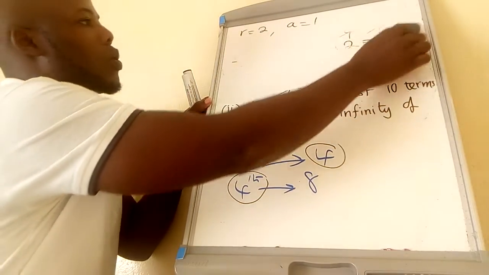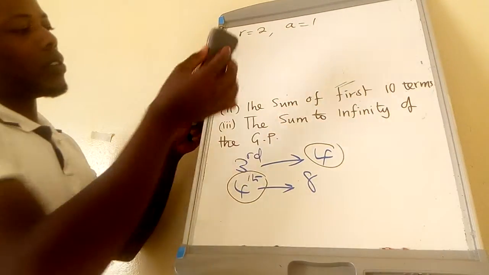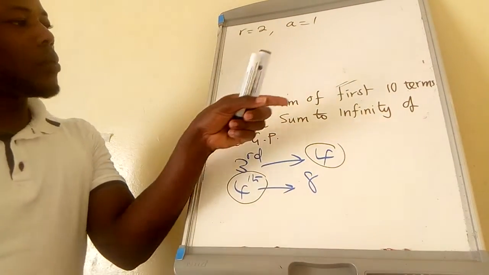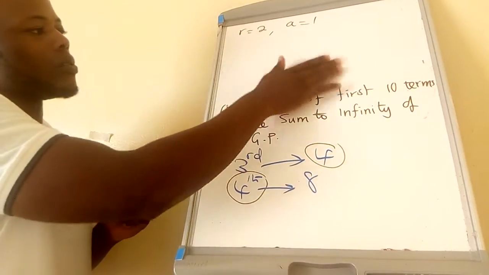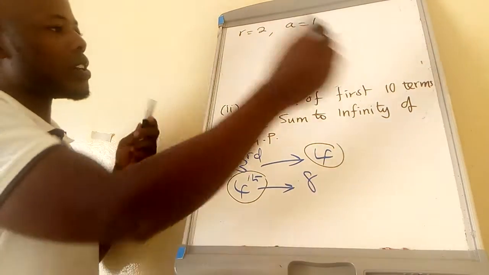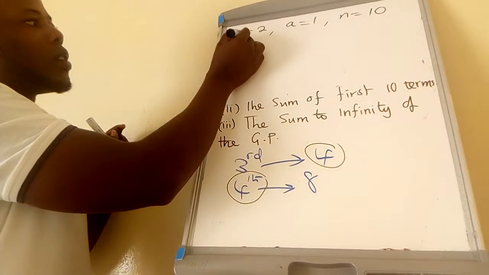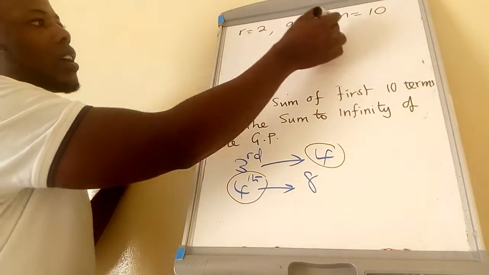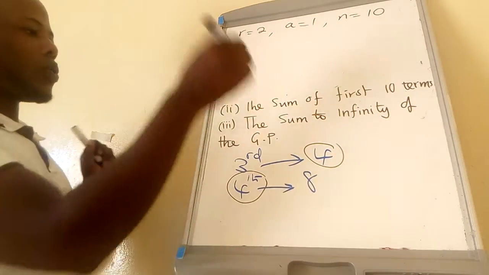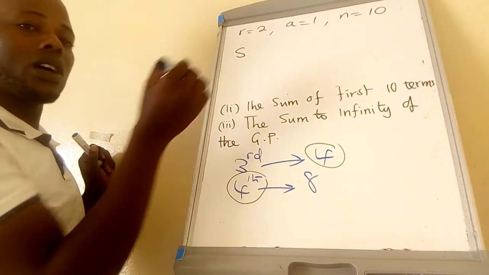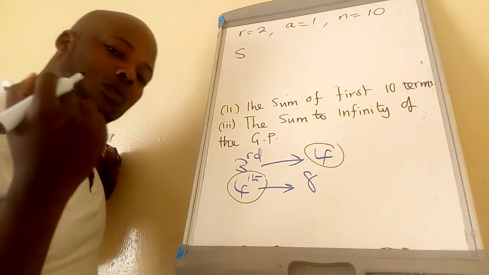We can go to the next question, where they have said find the sum of the first 10 terms. So 10 terms, our n here is 10. We have R, A, and n, so we can use the formula for finding the sum. It's there in my previous video.